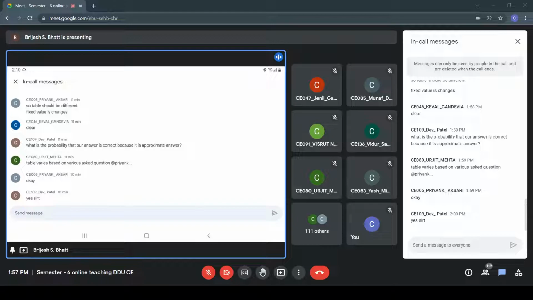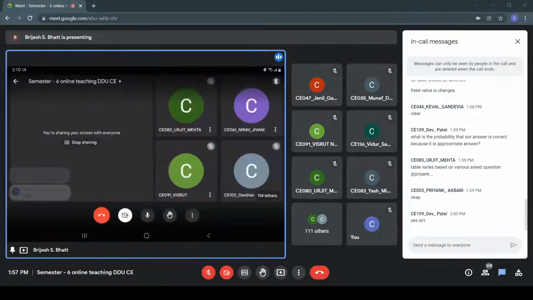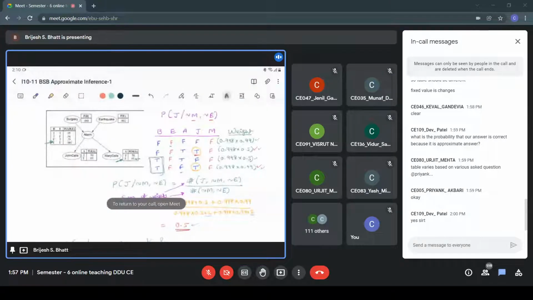If you look at the real probability of John calling and Mary calling, given that alarm didn't happen, this doesn't look very promising. So once you generate thousands of samples, then it will reduce and be closer to the actual distribution. But this is the idea. Idea remains same. And for us, it is difficult to compute thousands of samples, but for a program, it happens in fraction of seconds. So through programming, you can do it very quickly.